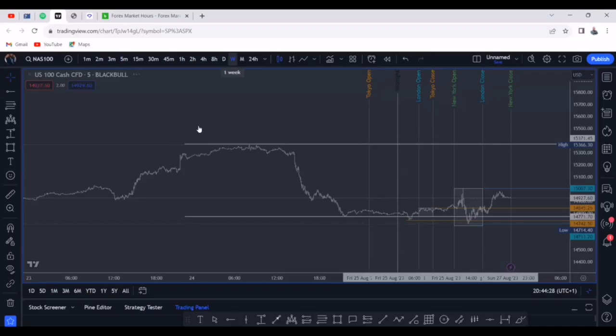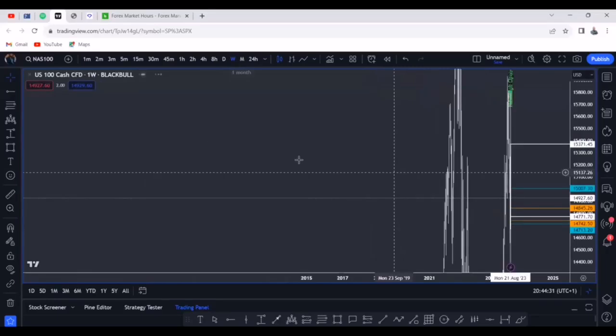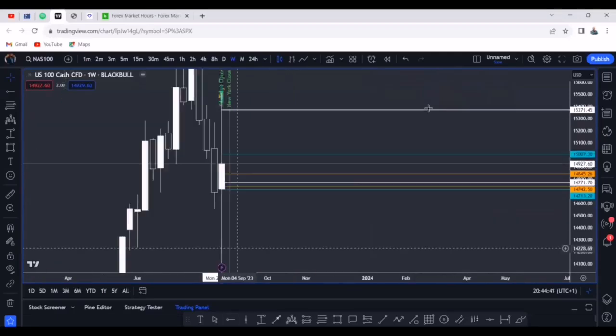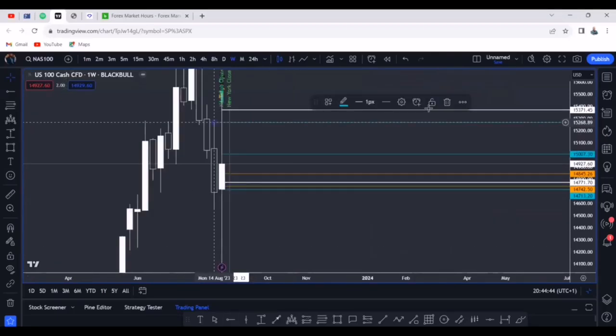Then you've got intermediate dealing ranges, which is the previous session size, and this gives you great probability when it comes to viewing the markets from an excellent trading perspective.